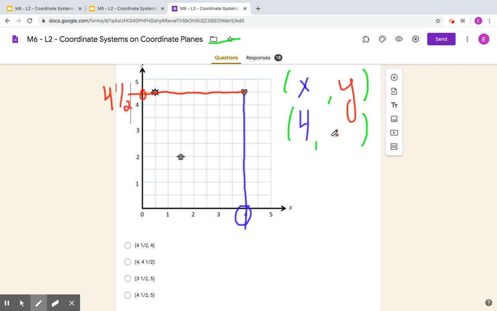So my y coordinate is 4 1/2. This means in order to find the heart, I started at my origin, I went over 4 units, and then I went up 4 1/2 units to find my heart. So our answer is 4, 4 1/2.